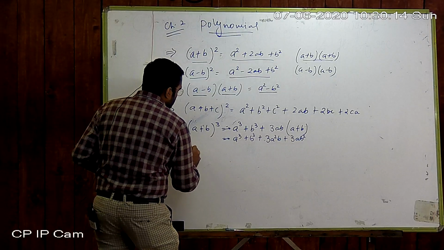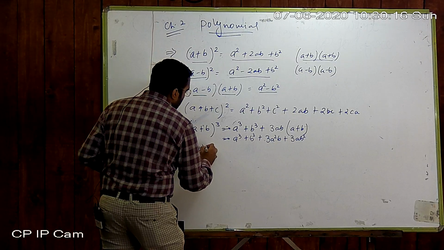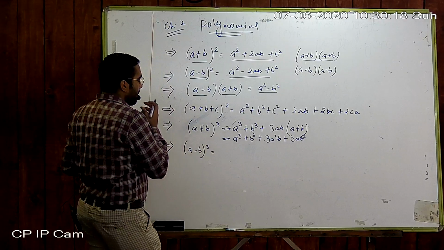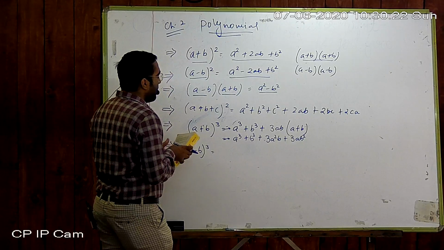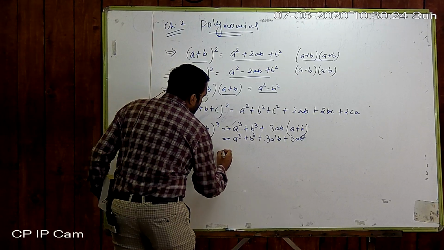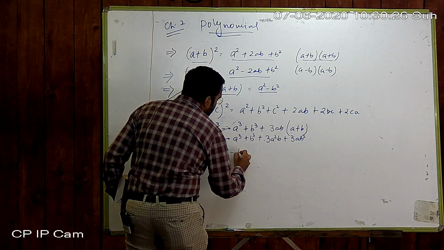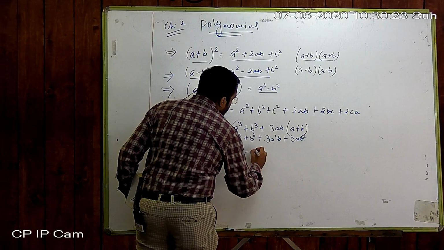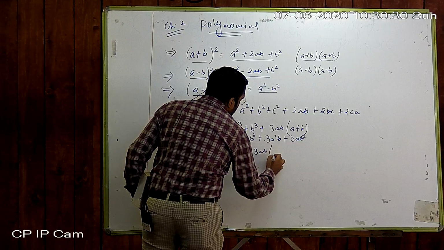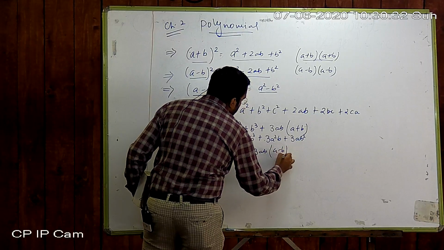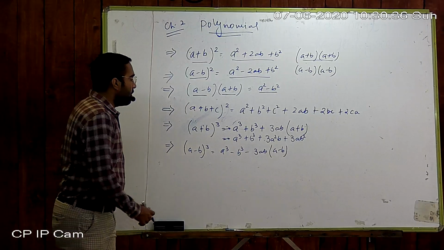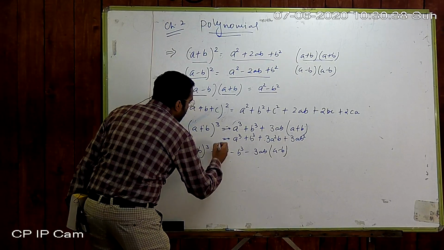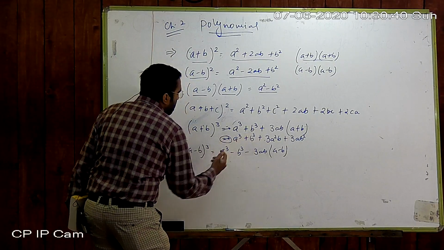Second is a minus b whole cube. So a minus b whole cube, you can write as a cube minus b cube minus 3ab, and in the bracket is a minus b. So how to write it in the second formula as I write.